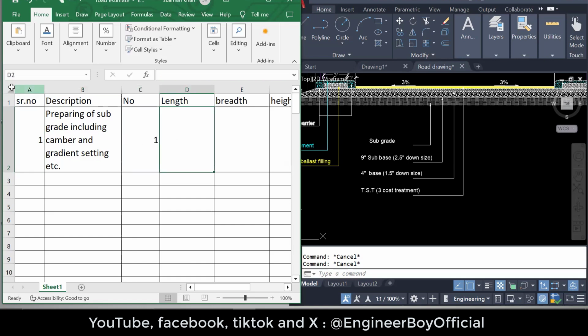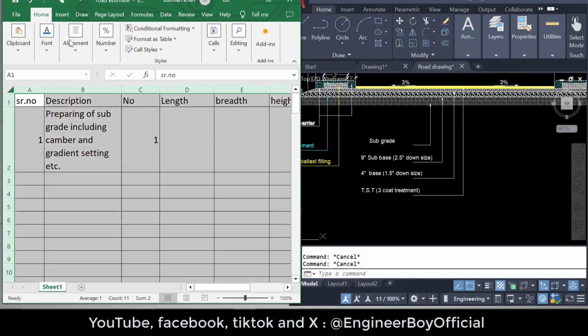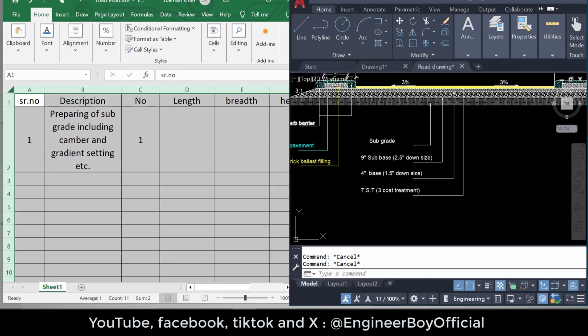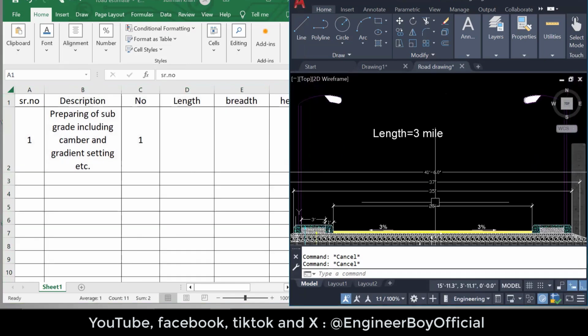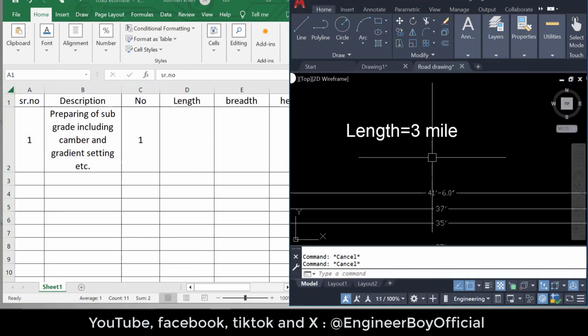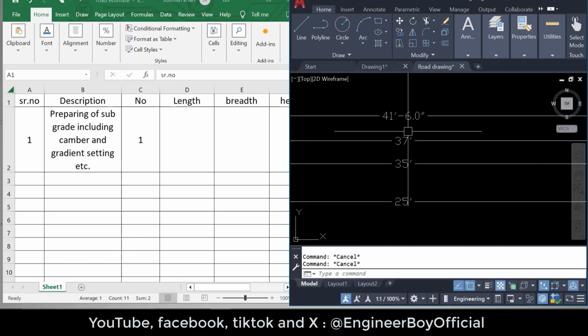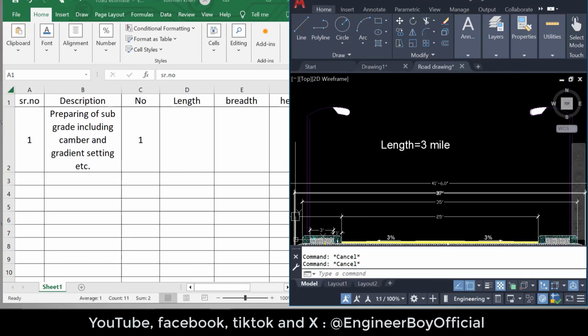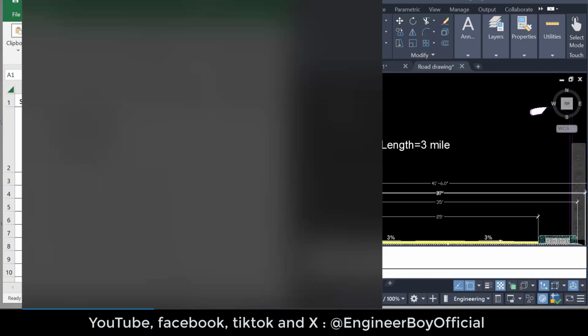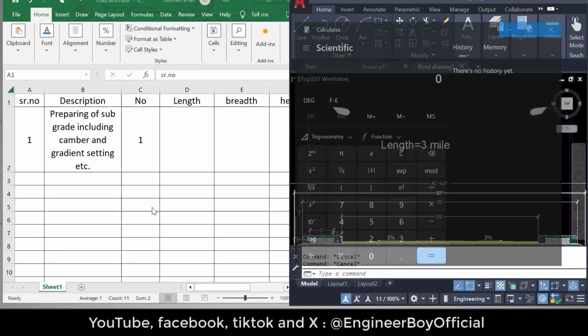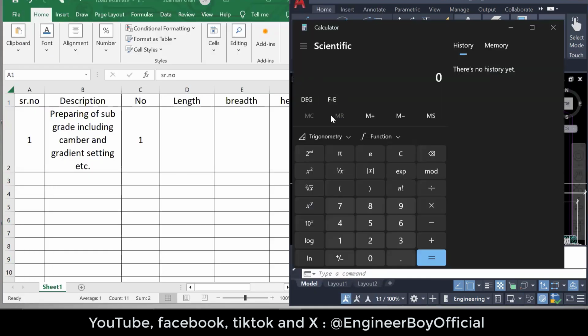Now, the length of the road. What should be the length of the road? It is given in the drawing, that is just 3 miles. But the other dimensions are actually in feet. That's why let's convert miles into feet. How do you convert miles into feet? You should know that 1 mile means 5,280 feet.